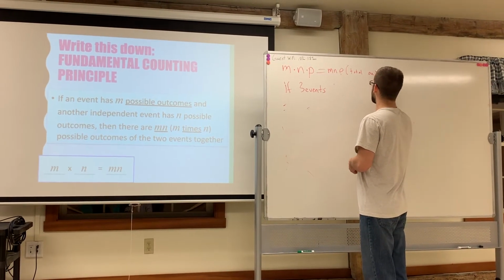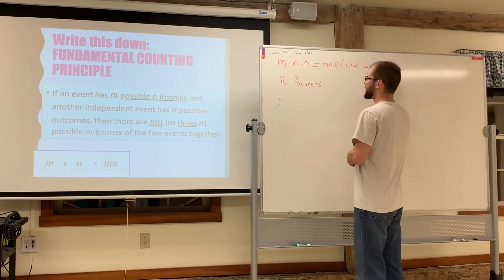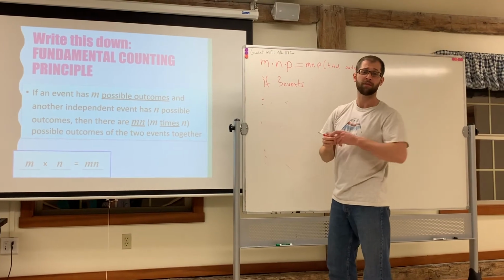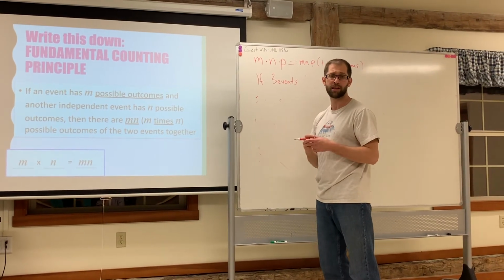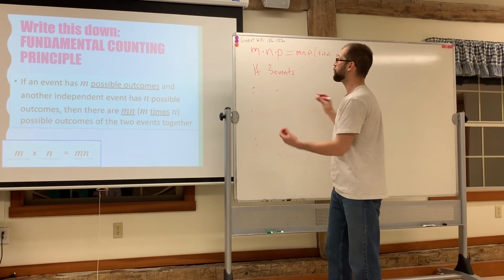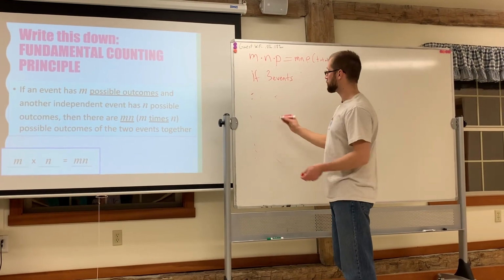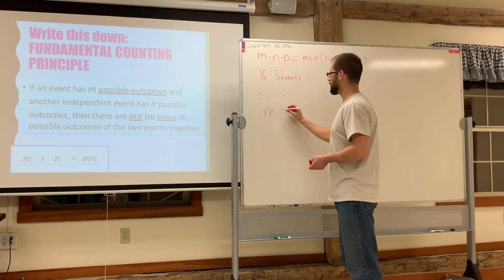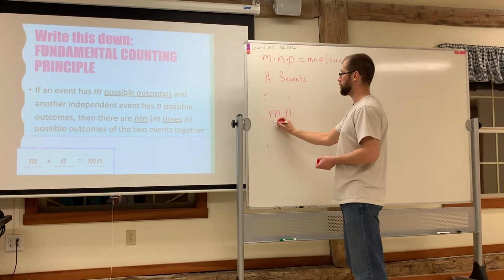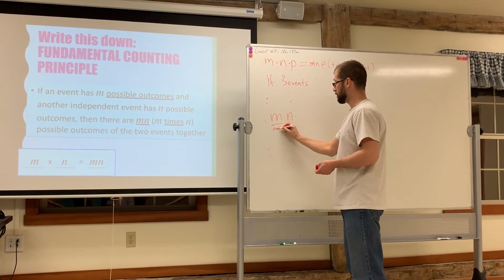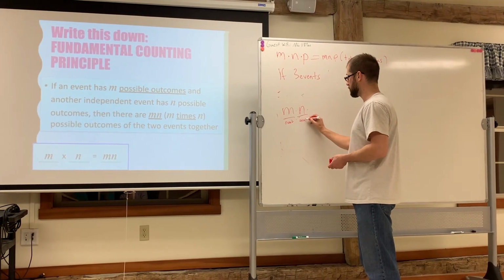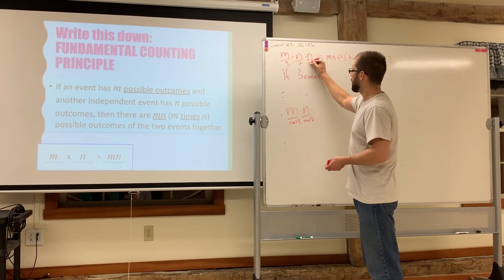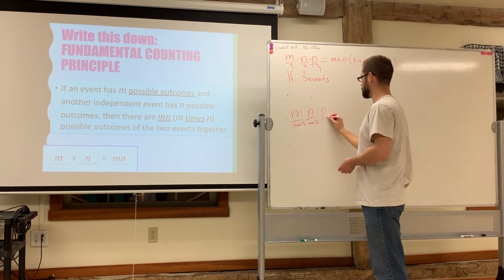So no matter how many events you guys have on the IXL today, you might see up to, I think, 4 events. Unless you go for above 70%, then you could see more. If you had 4 events, you would just multiply m times n. And again, these are just variables. This means event 1, event 2, and event 3 times p, which is 3.